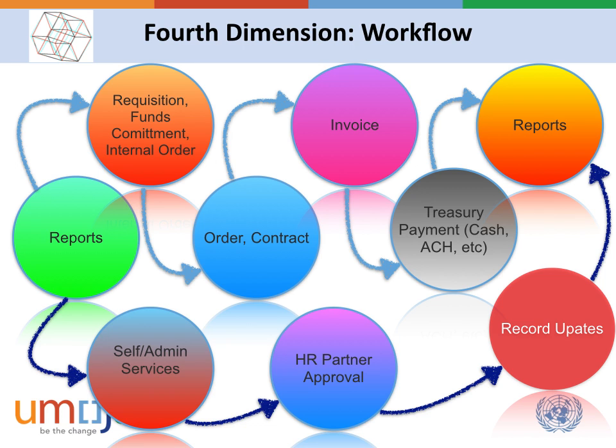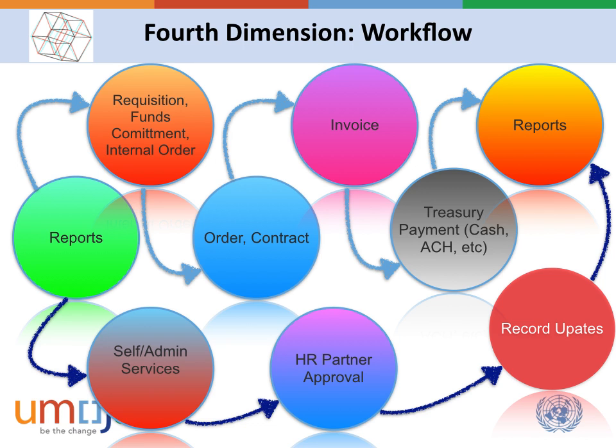Then you receive an invoice from the vendor, so you enter it into the system and make sure the three-way matching is validated. Then once everything is good, you go through the treasury, which is the payment and the disbursement, either using cash or ACH or electronic, whatever it is. And then you run the reports to make sure all your processes are under control.